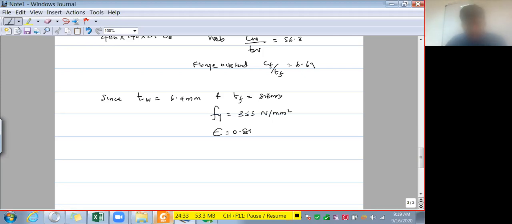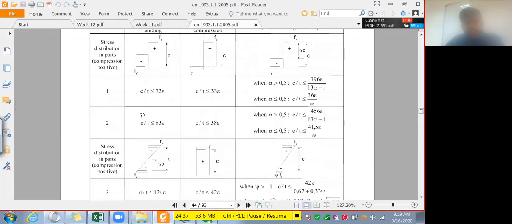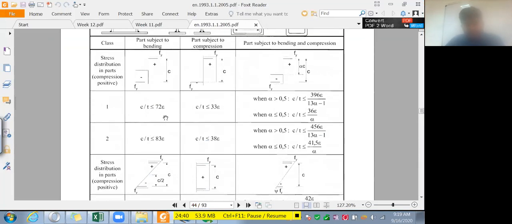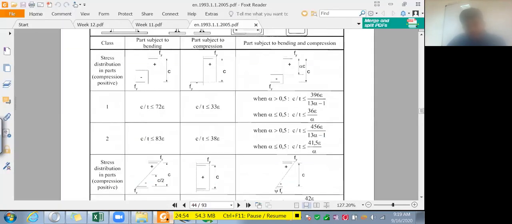Now, to be class 1, CW over TW should be less than or equal to 72 epsilon.